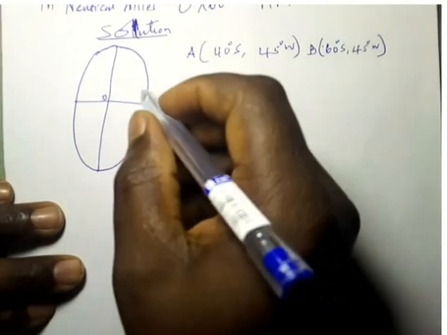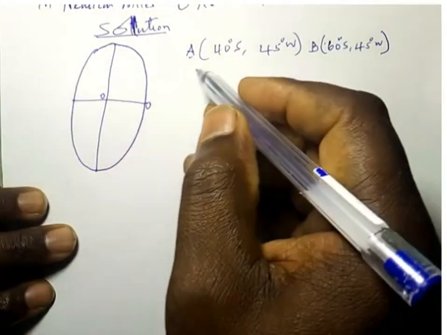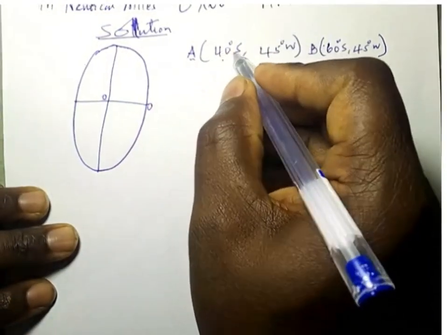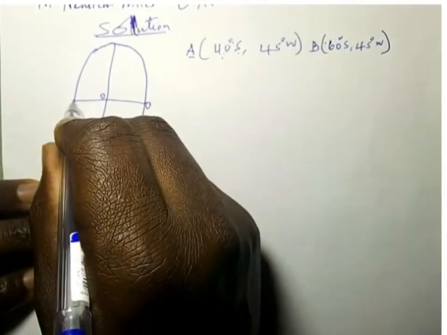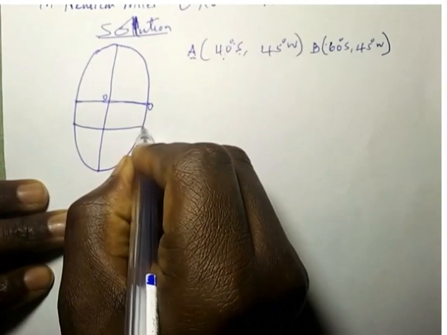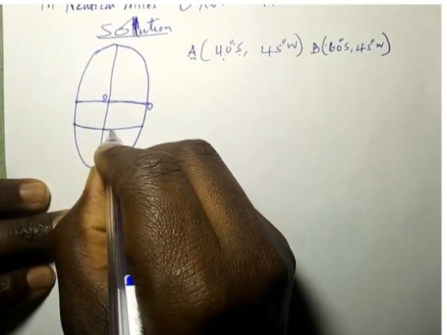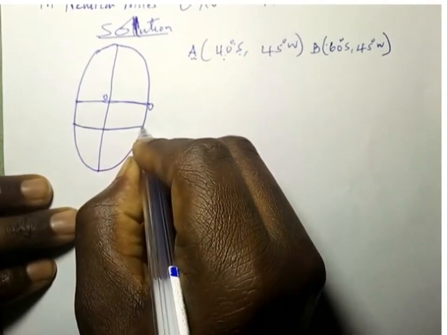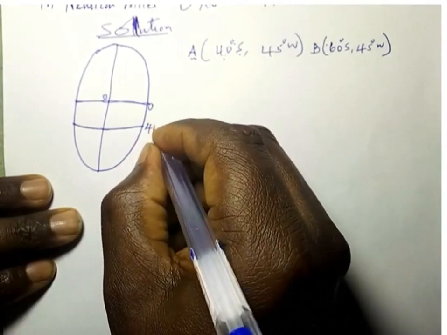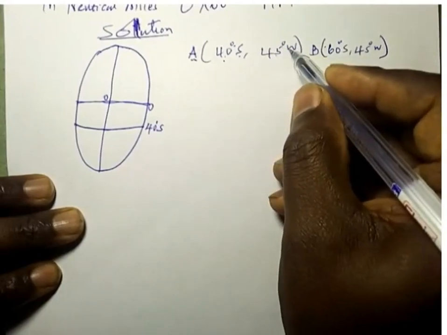So let us now locate our points A and B on the globe. It is important that you sketch. Point A is 40 degrees south. This is the equator, so 40 south will be somewhere here, right? This is 40 degrees south, and then 45 degrees west.